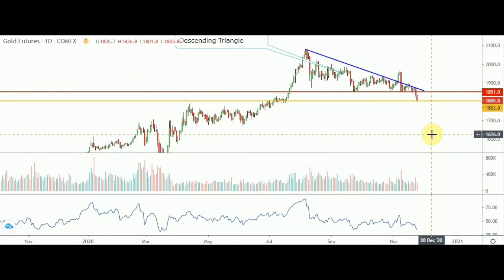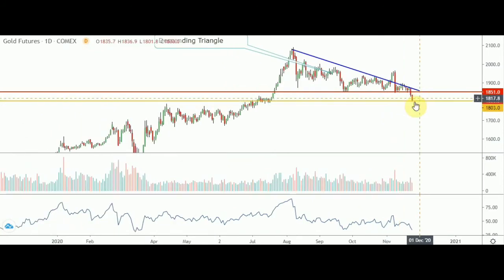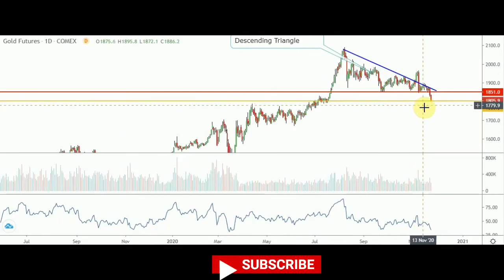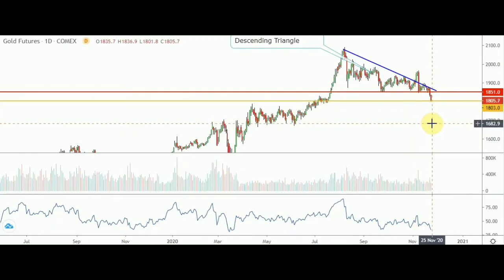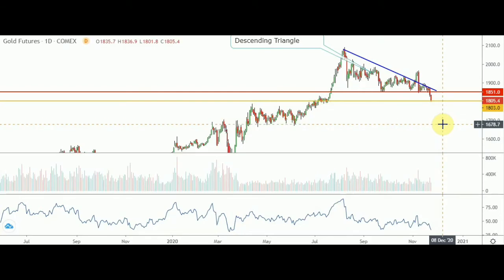Even I don't know, my friend. You should notice 1800. If this 1800 gets broken, then it would come towards 1680, my friend. Don't get afraid. Remember the level, my friend.